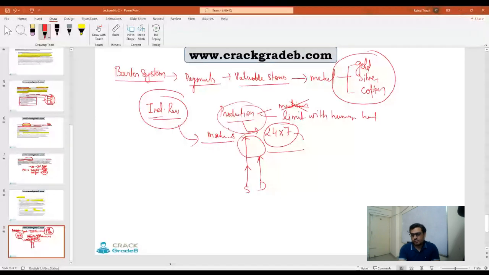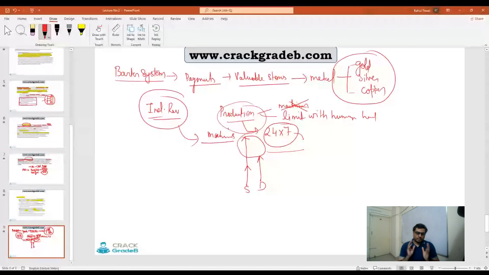That is why different countries formed their companies: British East India Company, French East India Company, Portuguese East India Company. Many companies were formed in Europe to do trade with the eastern part of the Indian subcontinent. Similarly, other companies were also formed. So the primary objective was what? To do trade and business.